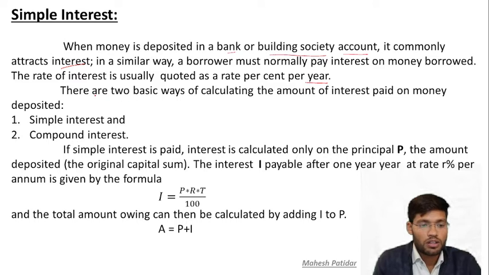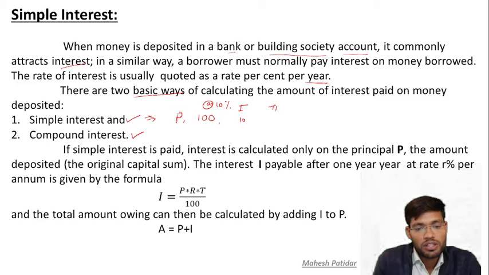There are two basic ways of calculating the amount of interest paid on money deposited, which are simple interest and compound interest. In simple interest, we calculate only on the principal amount every year. For example, if the principal amount is 100 rupees, in the first year at the rate of, for example, 10%, we will pay interest of 10 rupees.